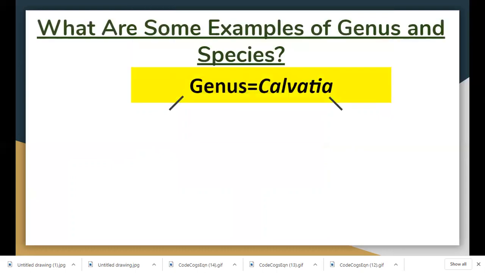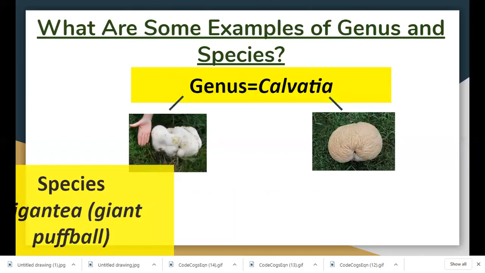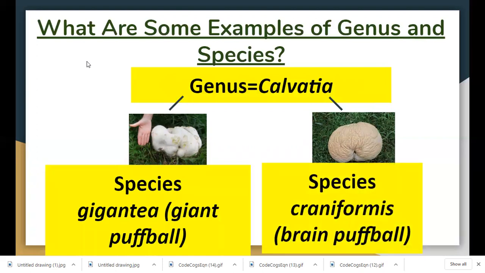Here's another genus, Calvaceae. And there's two things in the Calvaceae genus. What are those things? Those are giant mushrooms and brain mushrooms. On the left, you have the giant puffball mushroom. The species is Gigantea. That kind of sounds like a gigantic puffball, right? And the other kind of species of mushroom is the craniformis.